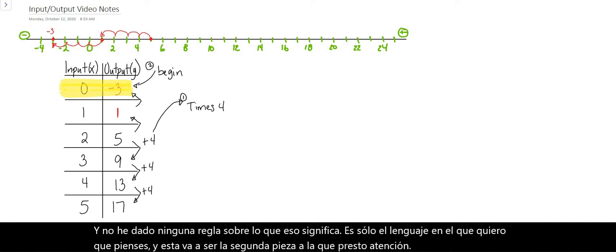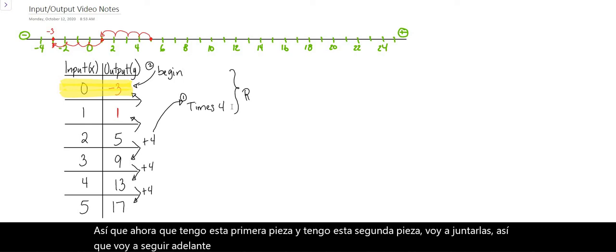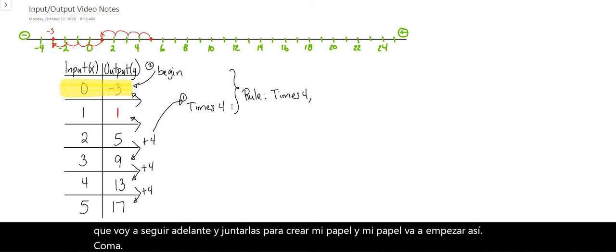So now that I have this first piece and I have this second piece, I'm going to put them together to create my rule. And my rule is going to start like this. Times 4, comma, minus 3.